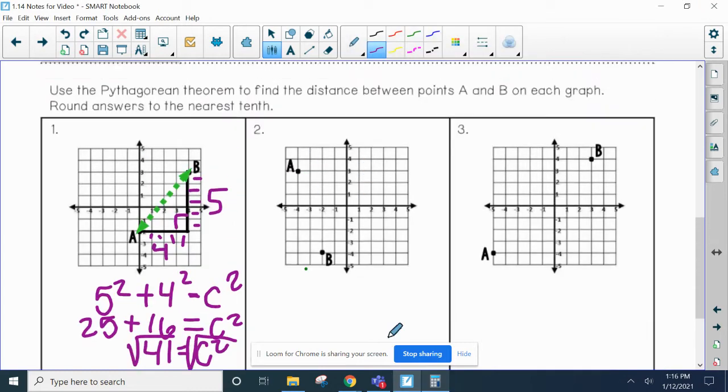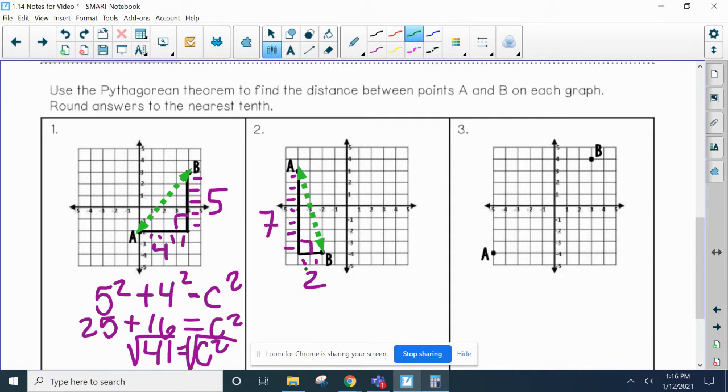All right, I'm going to go ahead and do one more right here. So A down to B goes that low, and 2 to the right. Now we're looking for this diagonal distance from A to B. So we can count our boxes and say 1, 2 is this side. 1, 2, 3, 4, 5, 6, 7.